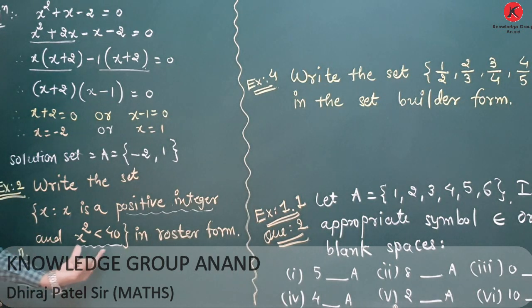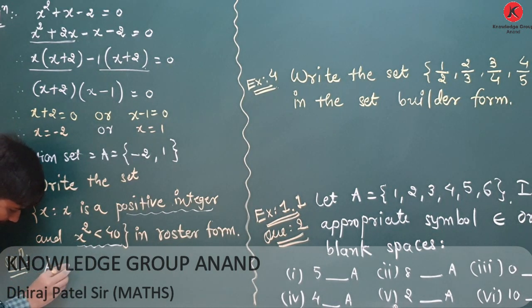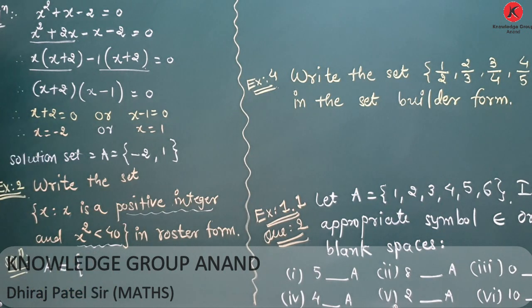But still there is a second condition, and it is there. Therefore we have to consider this condition also, x square less than 40. The square of that number should be less than 40. Okay, now I am writing the set A in roster form.